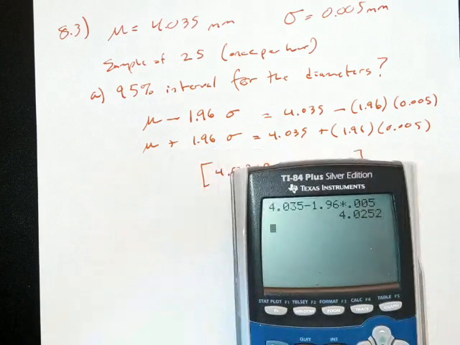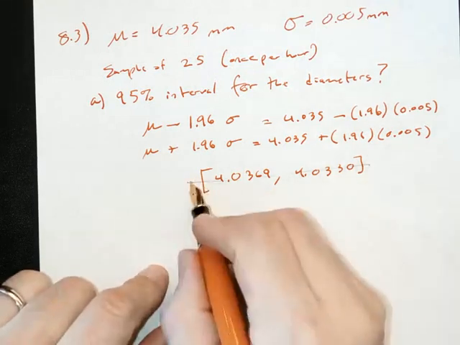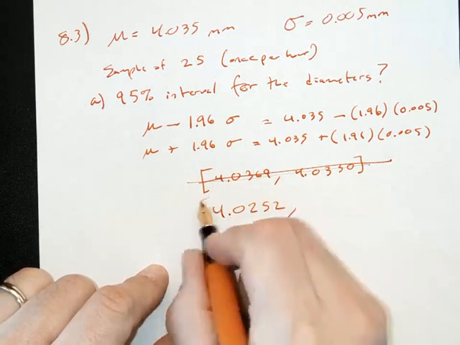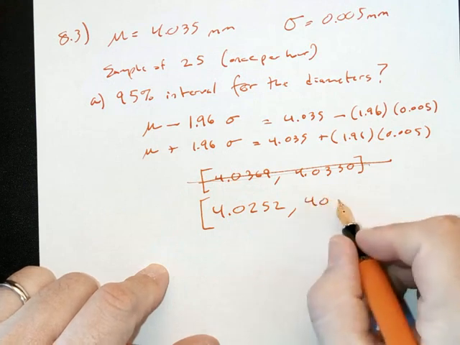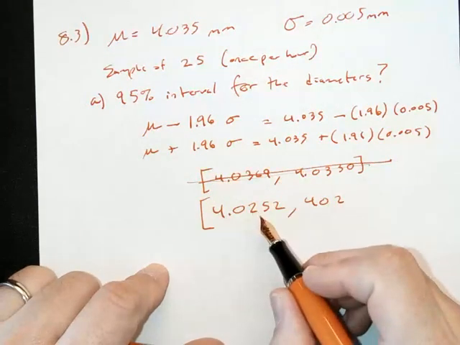Aha! That's why I was very specific about the fact that we are not looking at averages yet. That's why I'm doing the standard deviation 0.005, not 0.001. Yes. 4.0252, and then the upper one is, it's got to be bigger than this one.